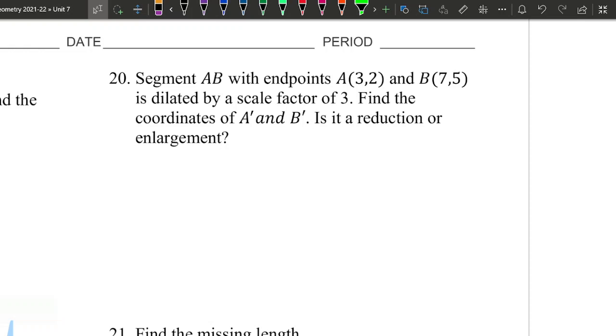All right. So I have a line that you can plot this if you want to. You don't have to. I'm starting at A and going to A prime. I have a scale factor of 3. So really I'm just finding the coordinates of A prime and B prime. So I take the scale factor of 3 and I'm going to apply it to each one.